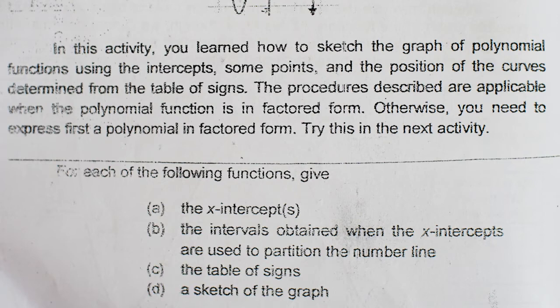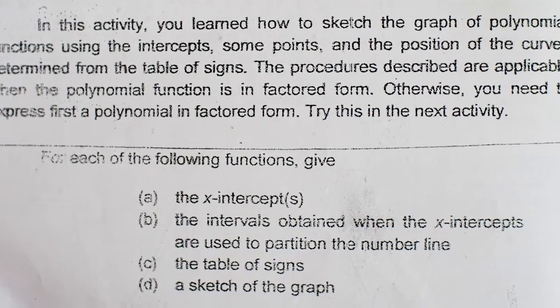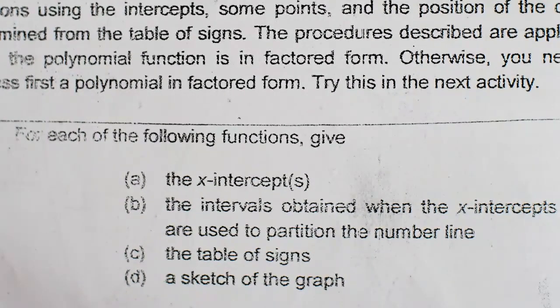Okay, so we have another example. For each of the following functions, give the x-intercepts, the intervals obtained when the x-intercepts are used to partition the number line, the table of signs, and the sketch of the graph.